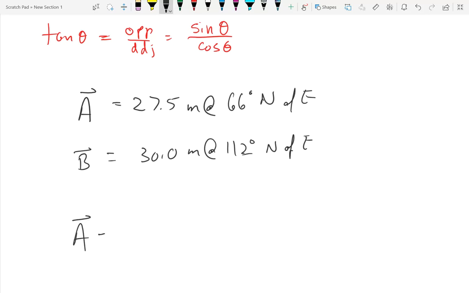So A minus B, doing it graphically, I had A was like this, and B was like this.